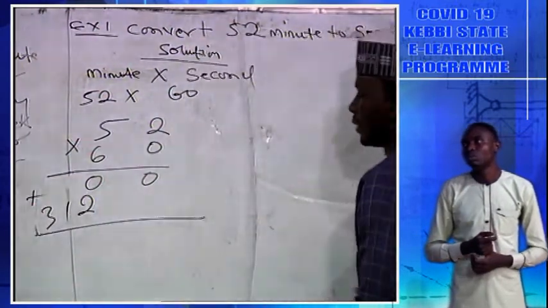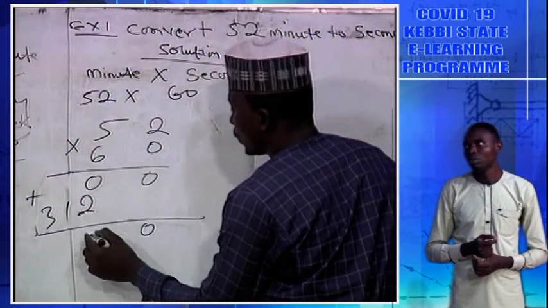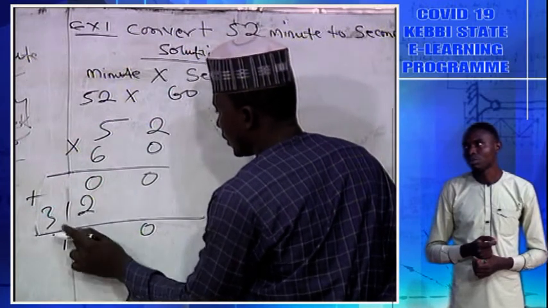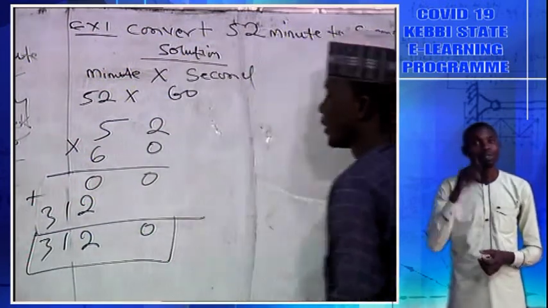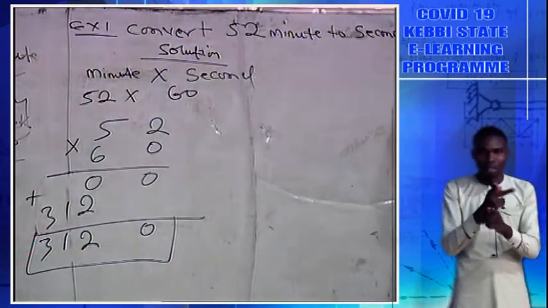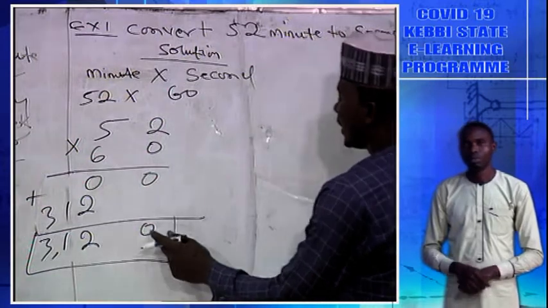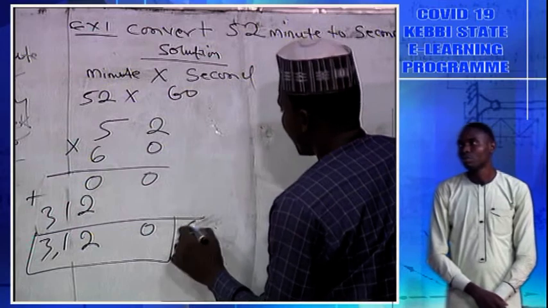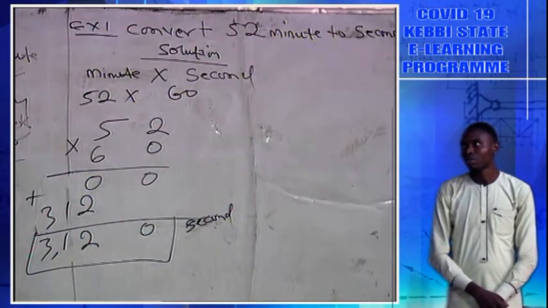Then add. 0 plus nothing, 0. 0 plus 2, 2. Nothing plus 1, 1. Nothing plus 3, 3. So it means that we have 4 digits, 3,120 seconds in 52 minutes.